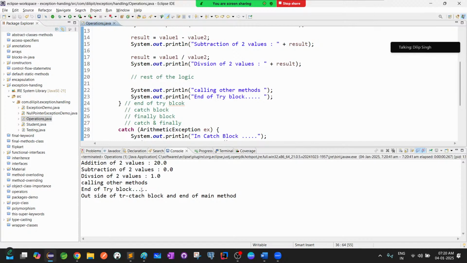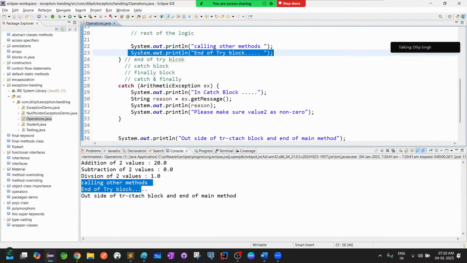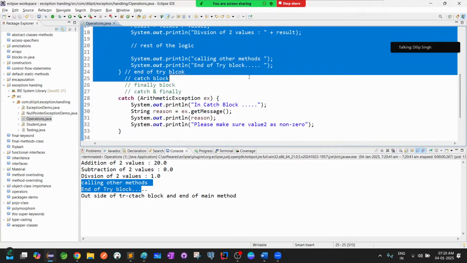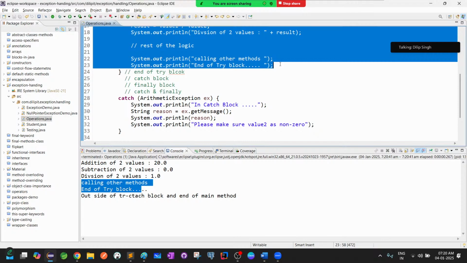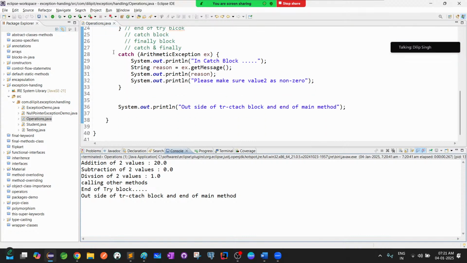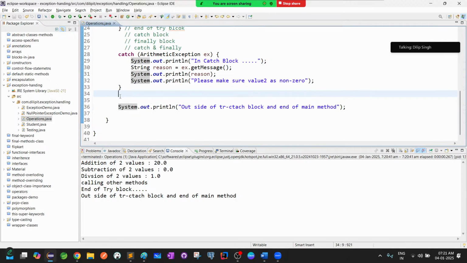see here, end of try block, that means this line, and there is no exception from the try block. That means when the logic in between the try block is executed, JVM did not find any runtime exception. That's why it is not entering into catch. It is leaving the try catch and moving outside of the try catch, to whatever logic you have written after the catch block.